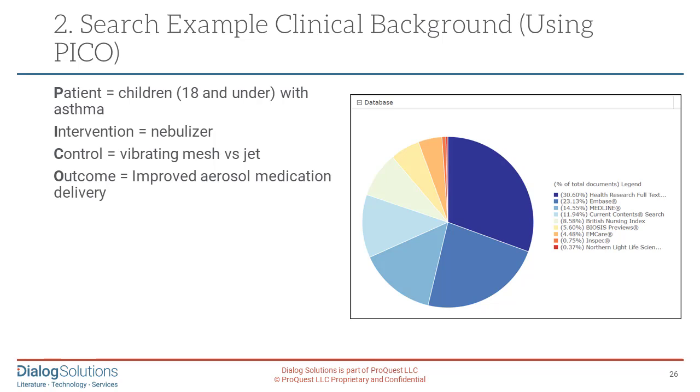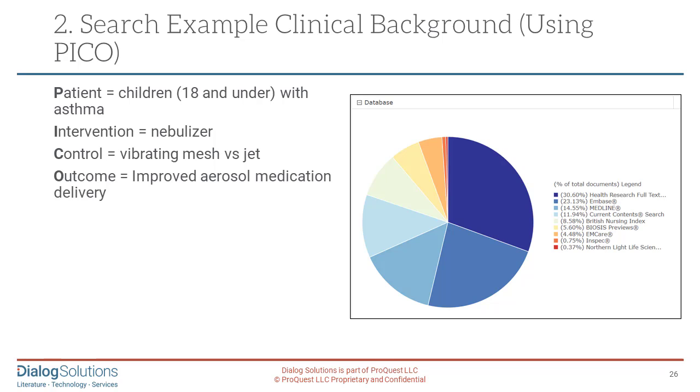And then this is another search example using a PICO. So something else that the regulations recommend is that you use a PICO search. And this is an approach that's very common in systematic reviews. And in fact, the medical device literature requirements do amount for some of the searches to essentially be a systematic review.